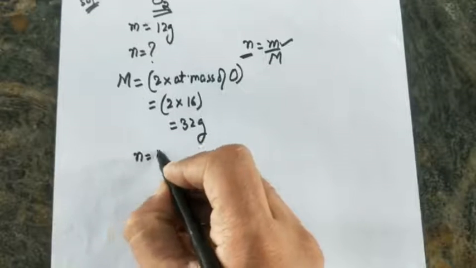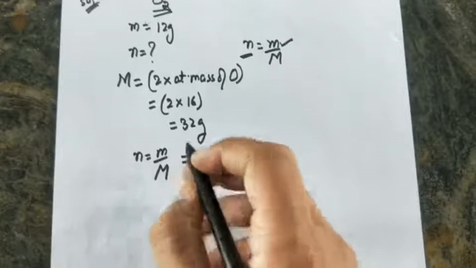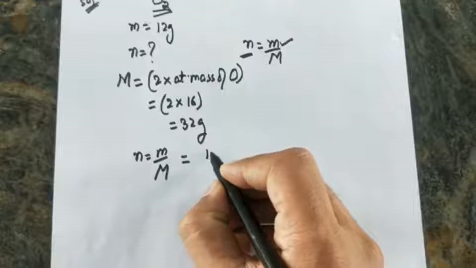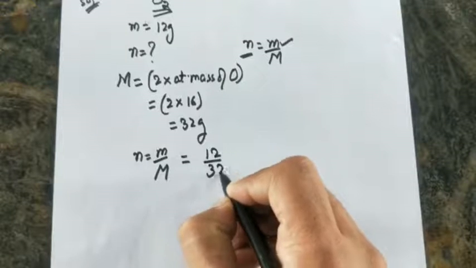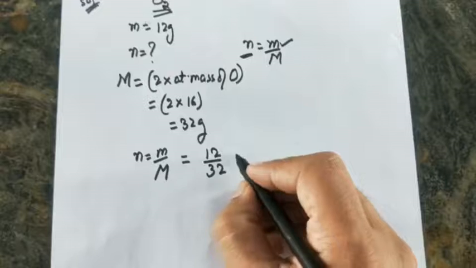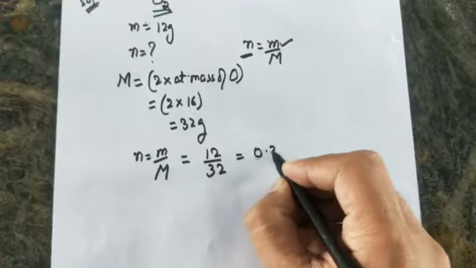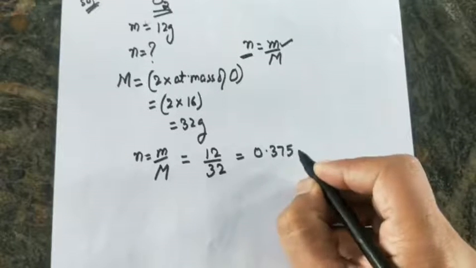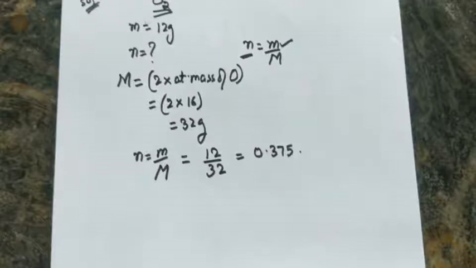Substituting the values in the formula, answer comes out to be 12 upon 32, which is equal to 0.375. That means number of moles present in 12 gram of oxygen gas is equal to 0.375.